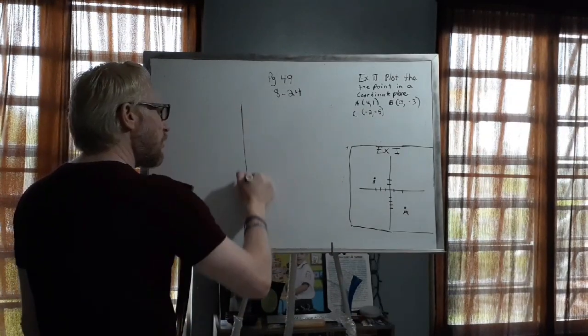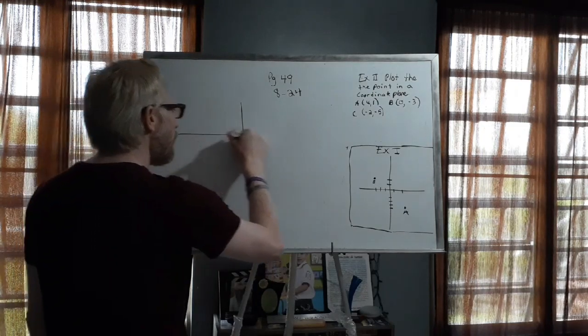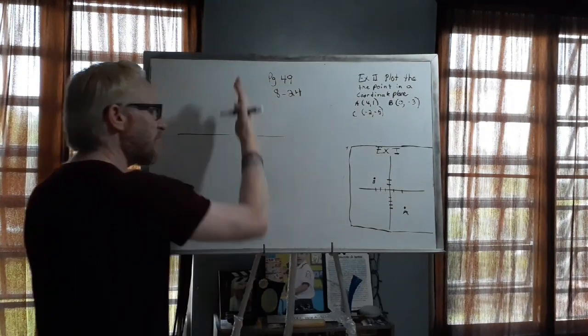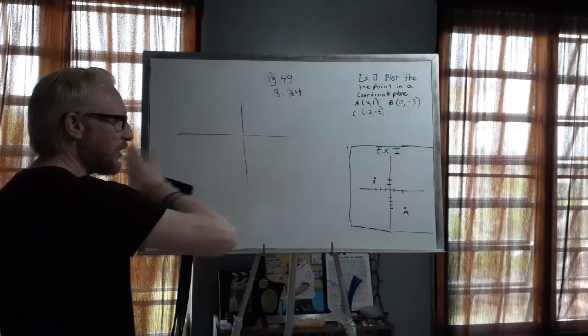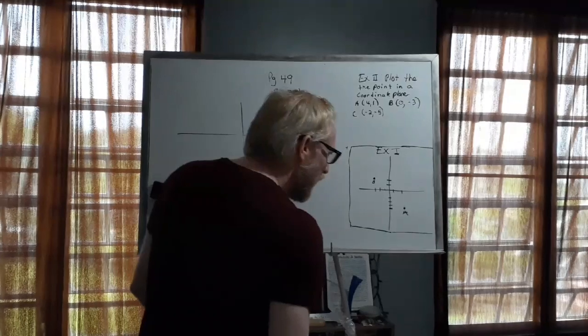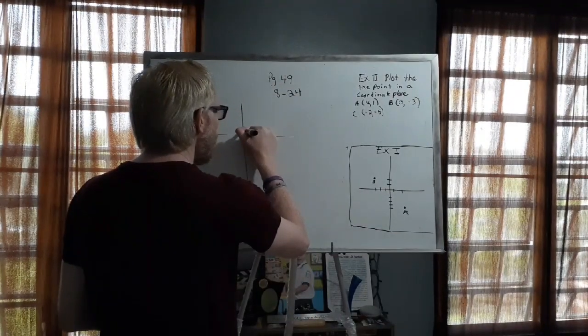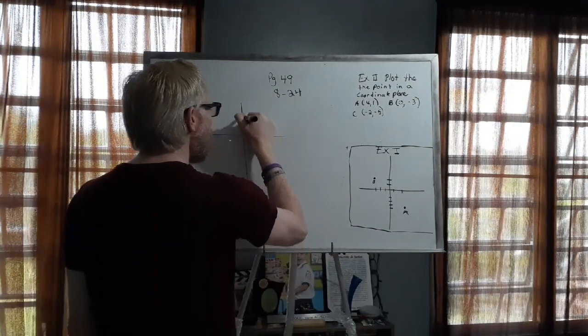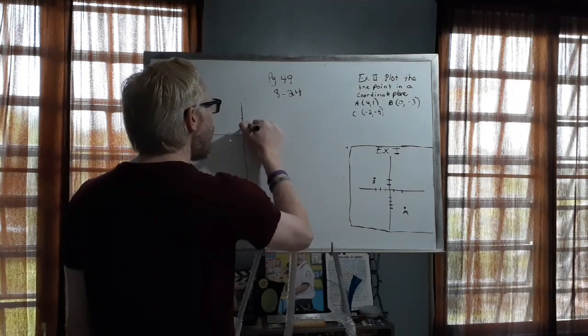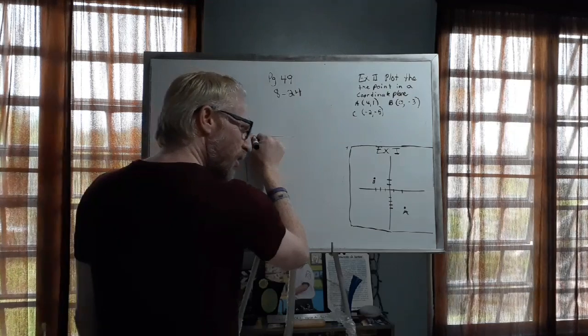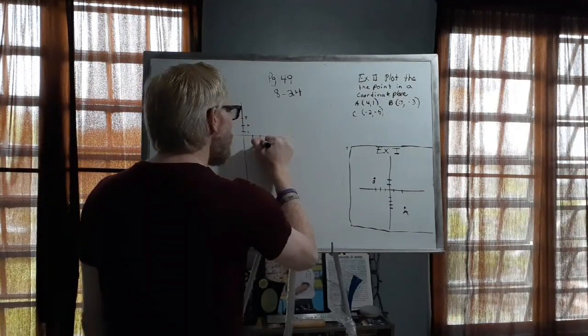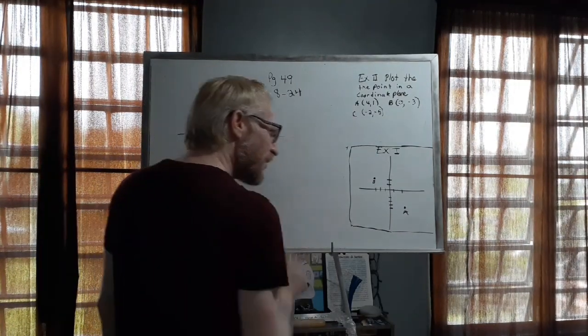So we have our coordinate plane. Remember, a y-axis, which is the vertical number line, and an x-axis, which is the horizontal. And we have, so we'll say 1, 2, 3. We'll call this 1, 2, and 3. And we'll call this one right here 1, 2, and 3.